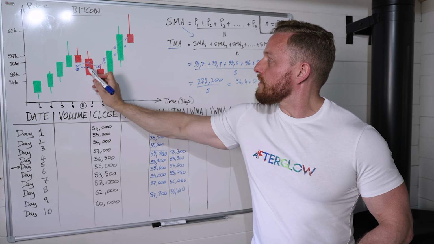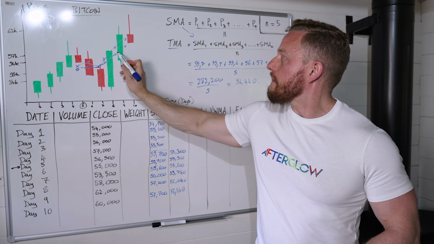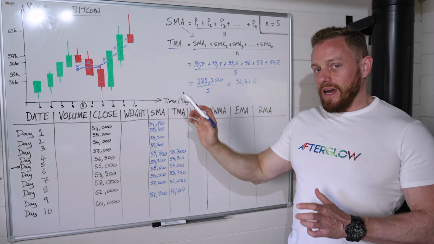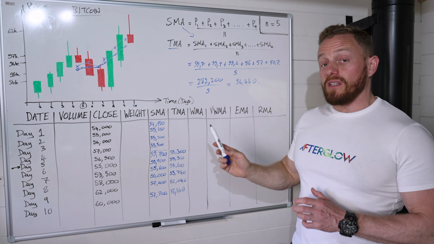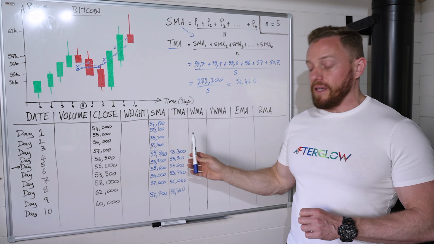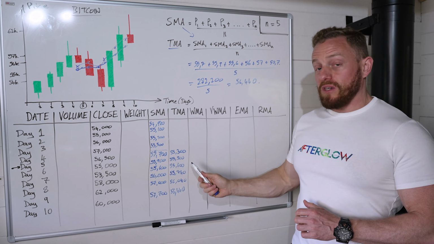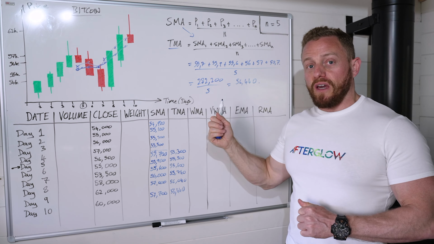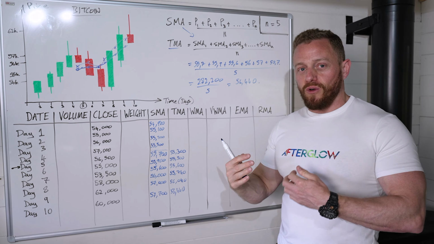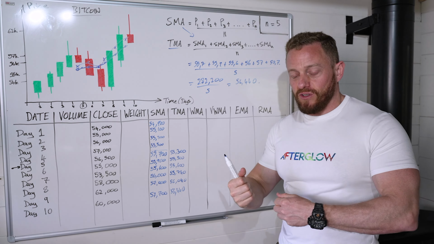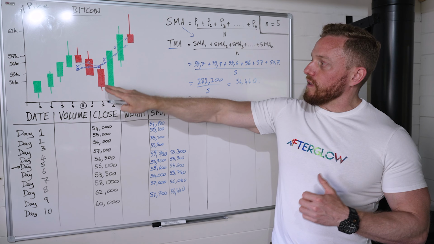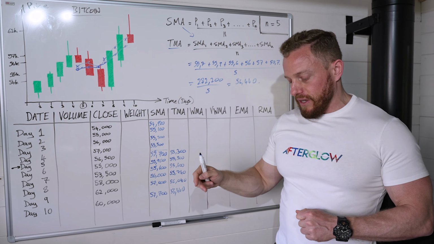So if I connect that like so, you can already start to see the differences between the SMA and the TMA. Because, as we saw before, the triangular moving average is double smoothed, or an average of an average, it responds more slowly to changes in price action.